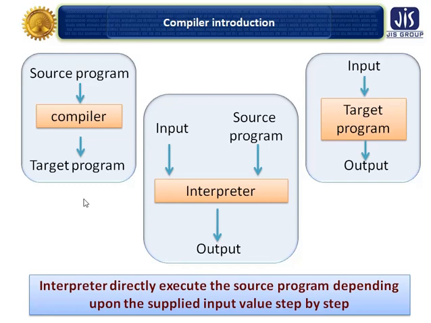Next, another thing. In the compiler, for the first compilation, if there is no error, then object code will be created. Again, suppose you have modified some code in your program and after modification you would like to compile it.